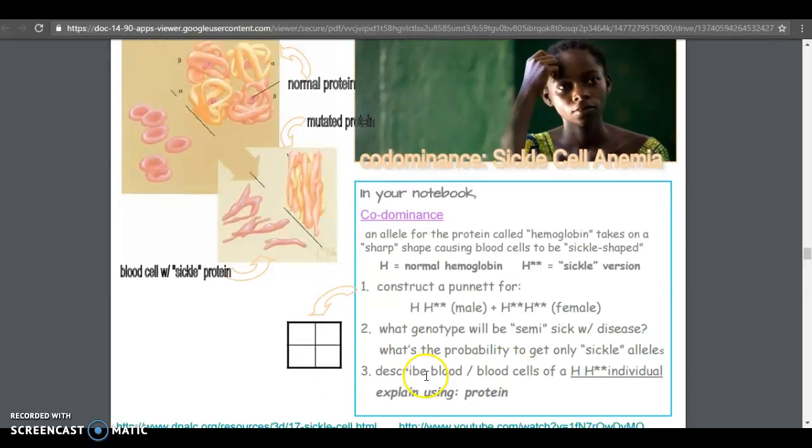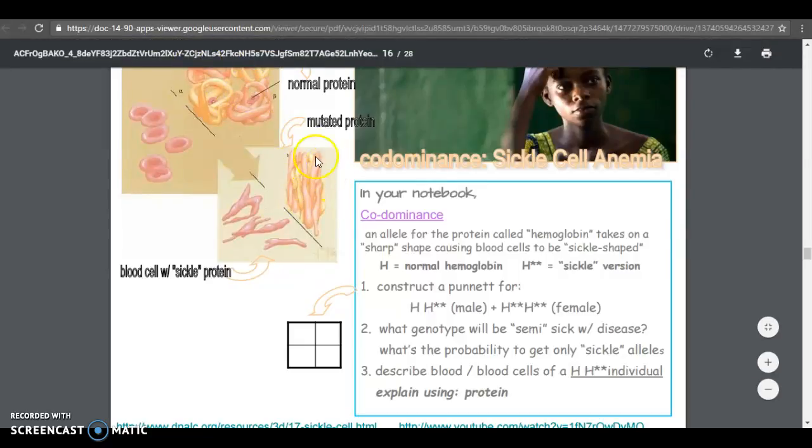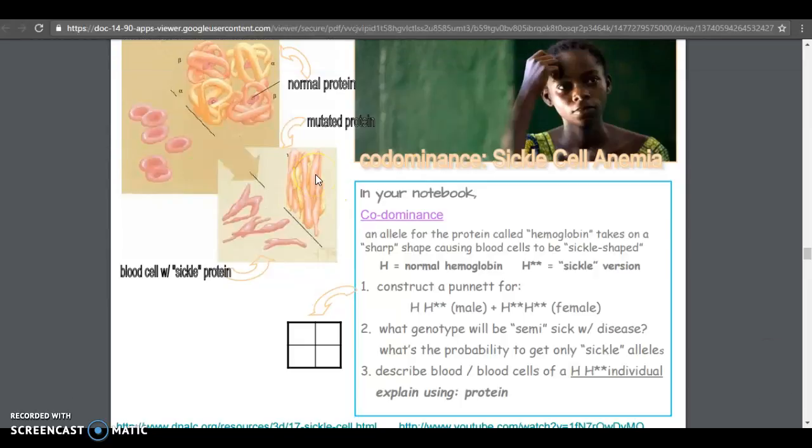The third thing is, it says, describe blood cells of a dominant H sickle individual, and explain using the word protein. So here are the pictures of the proteins, what they look like. Here's the normal protein, and here's the sickle appearance of the protein. Okay? So when you talk about a person that has sickle cell anemia, what does it mean about the protein?